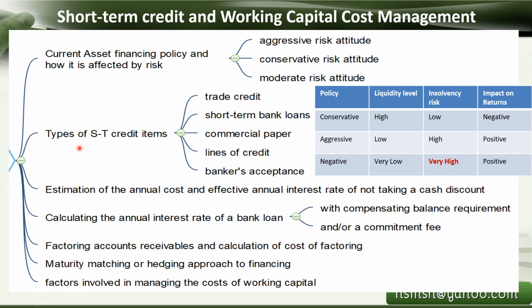And the types of short-term credit items that we know from the market are trade credit, short-term bank loans, commercial paper, lines of credit and bankers' acceptance. Each type can have a different rate of interest and a different working capital cost involved.